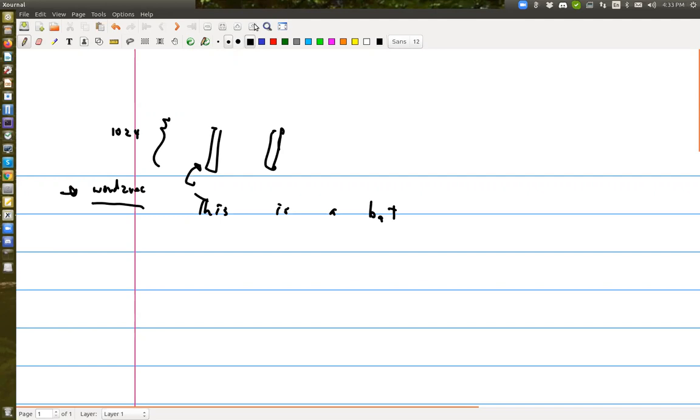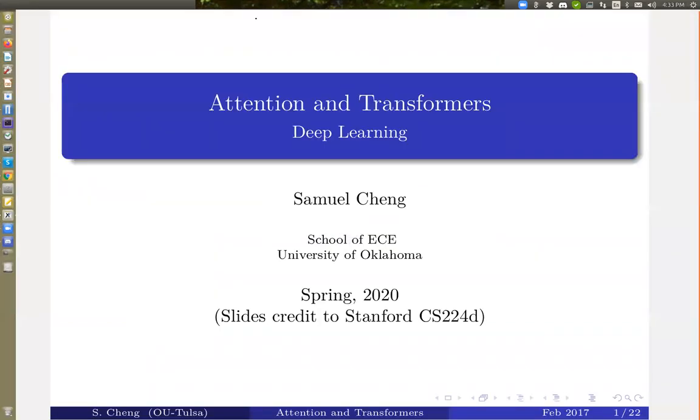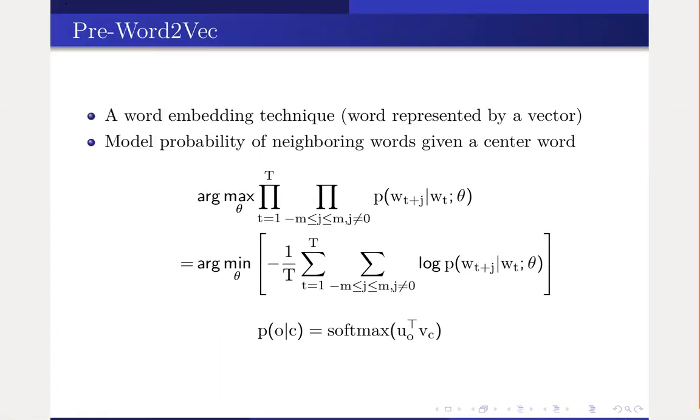To start with, I will use something called the skip-gram Word2Vec model. This model is very intuitive. Think of it as trying to model the conditional probability of a surrounding word given a center word.